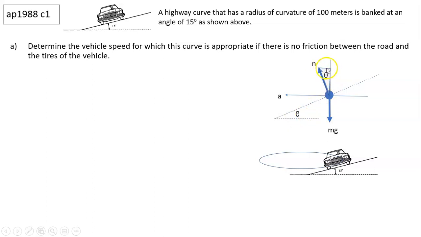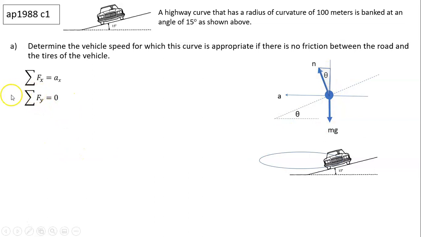The sine component of N is the one producing the centripetal force. Then the cosine component of N is the one that overcomes gravity, so the car does not move up and down.